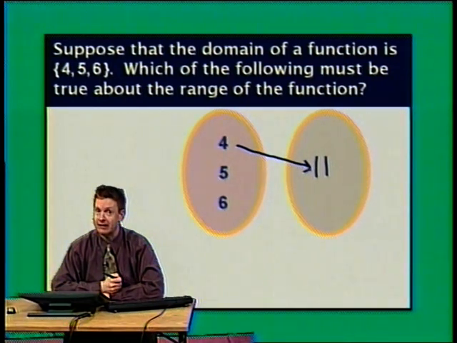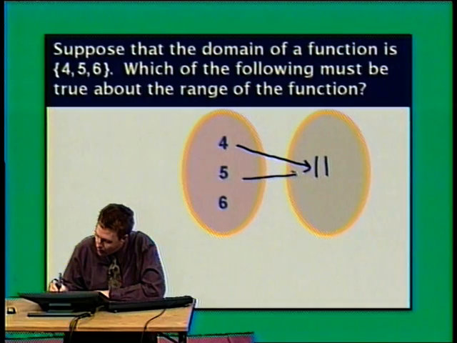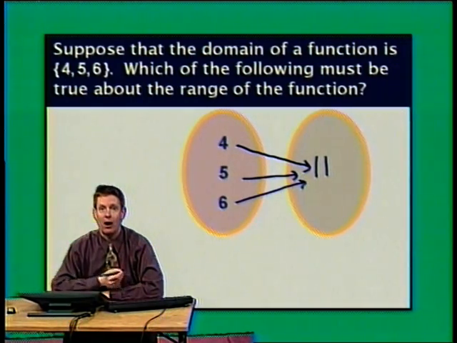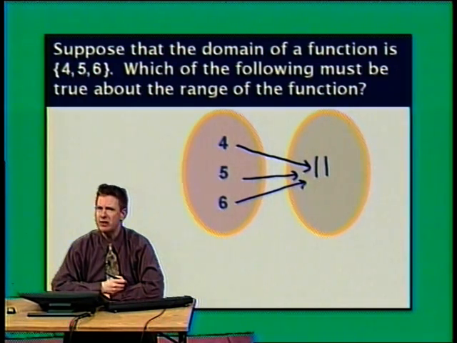But there's nothing that says that different numbers in the domain can't be mapped to the same number in the range. So it could be that 5 is also mapped to 11, and 6 is also mapped to 11. Our ordered pairs are (4, 11), (5, 11), and (6, 11). So it's possible that there's only one number in the range.